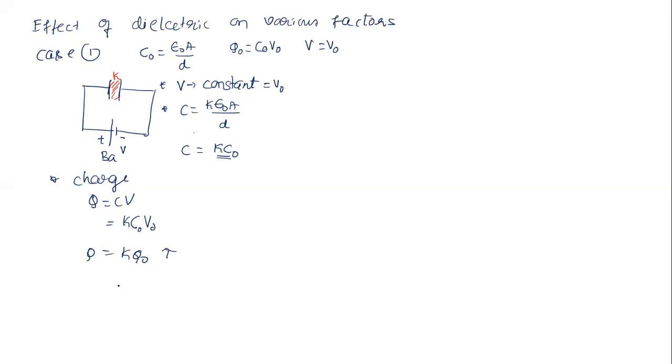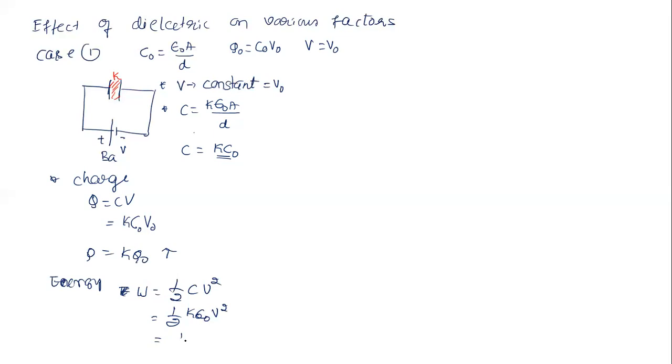So what will happen to energy stored? Look at energy now. Energy stored, let us take U, is U equal to half C V square. Potential remains constant, no change in potential. So it will become 1 by 2, C becomes K C naught, into V square.